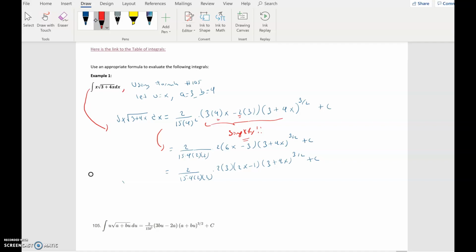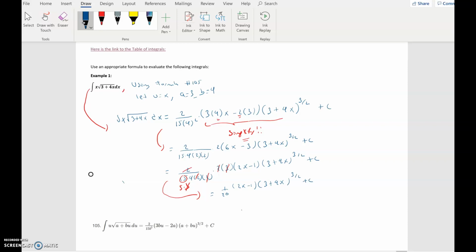In this case, this 2 is going to cancel that 2, and this 3 is going to reduce the 15 as 5 times 3, the 3 cancels, and then the 2's cancel. Let me just double check, but we're just left with 5 times 4. So I'm getting 1 over 20 times 2x minus 1 times 3 plus 4x raised to the 3 halves plus c.